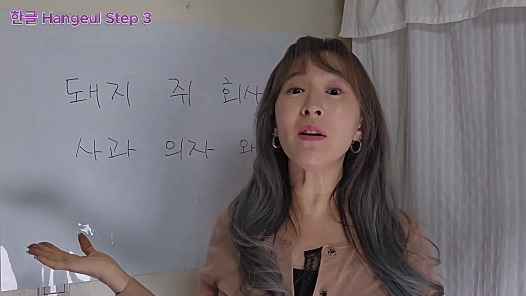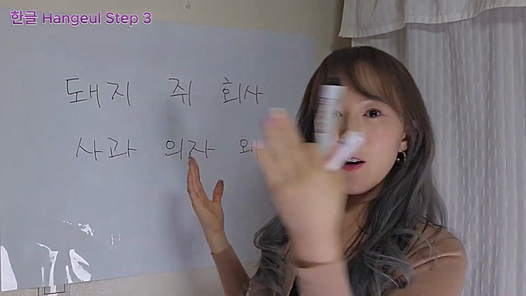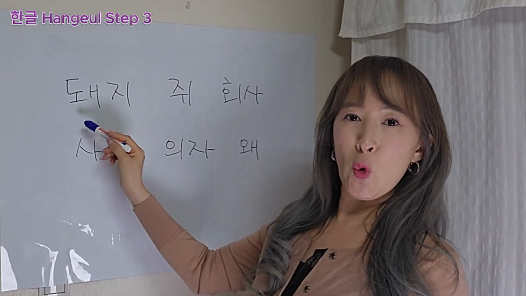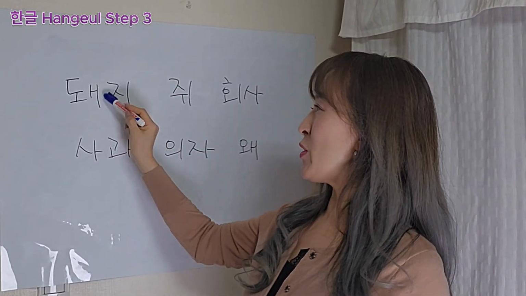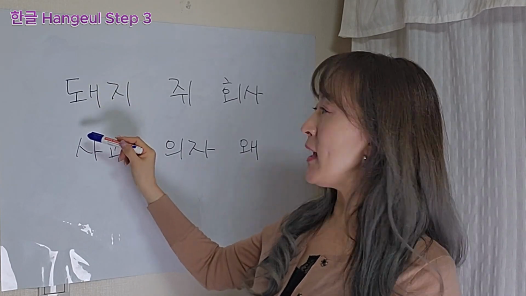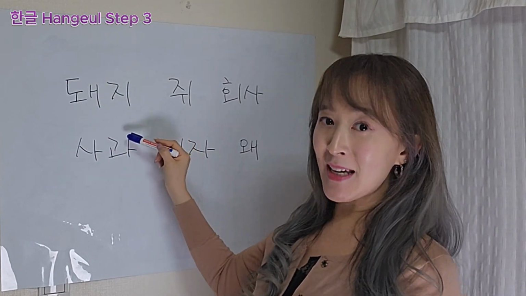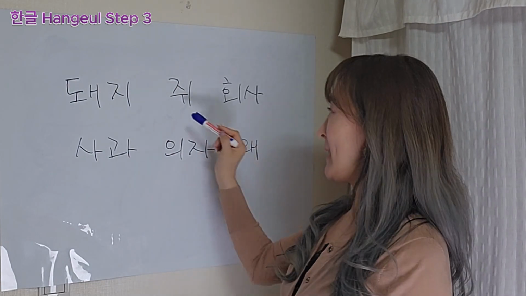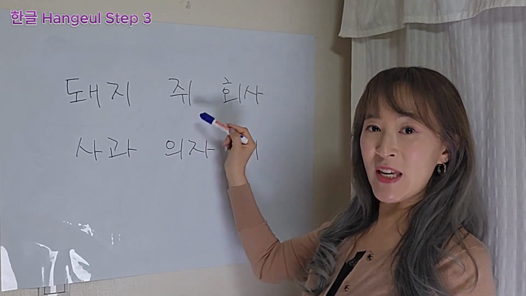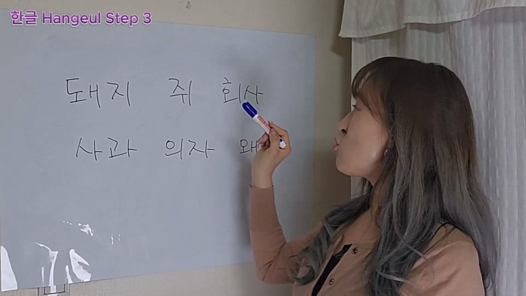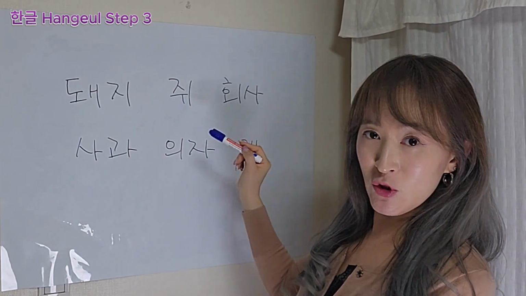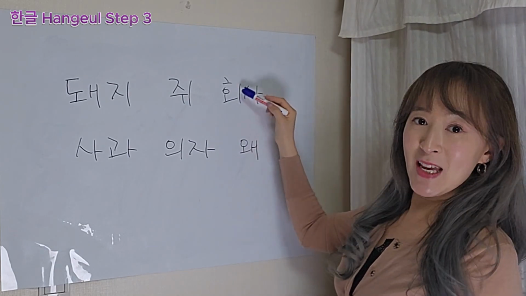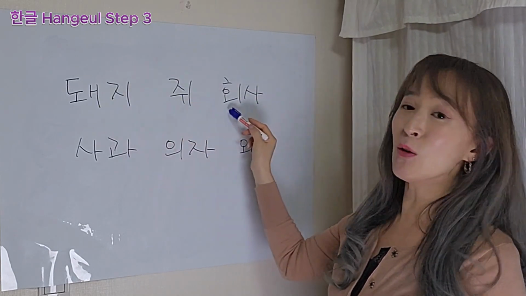So before we move on to the consonants, let's see if we can read these words here. 돼지. This was we, right? So 돼지 means pig. This we, means mouse. This, remember, this was a we sound again, right? Same sound as this.